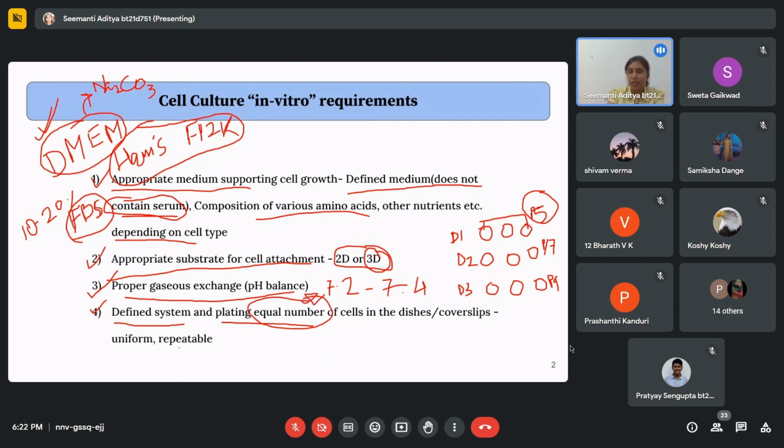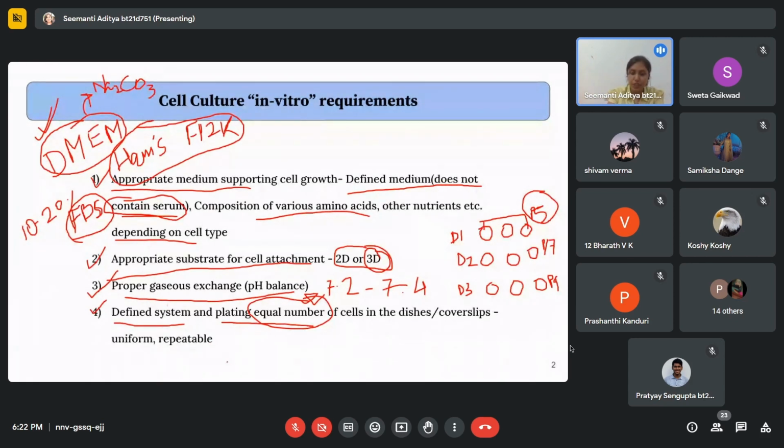And also we should not ideally change the cover slip company, or change the coating material, whatever you're using. Initially you have to standardize which coating material works, which cover slip works, which dish works. Once it is standardized, you follow it through the rest of your experiments.